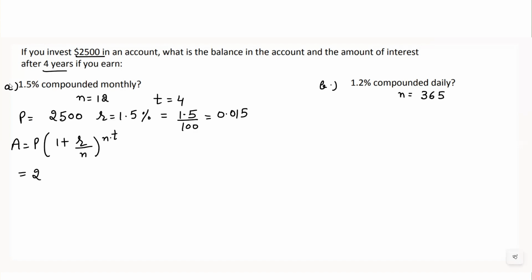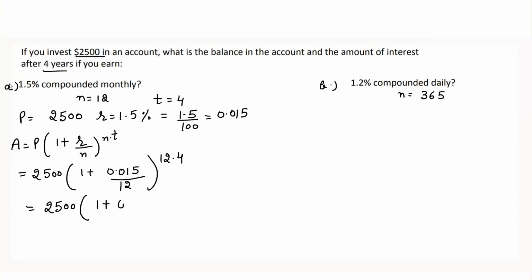So 2500 into (1 + 0.015/12) raised to power 12 into 4, which is equal to 2500 into (1 + 0.00125) raised to power 48. If I solve all this together, I will get 2654.49 as the amount.